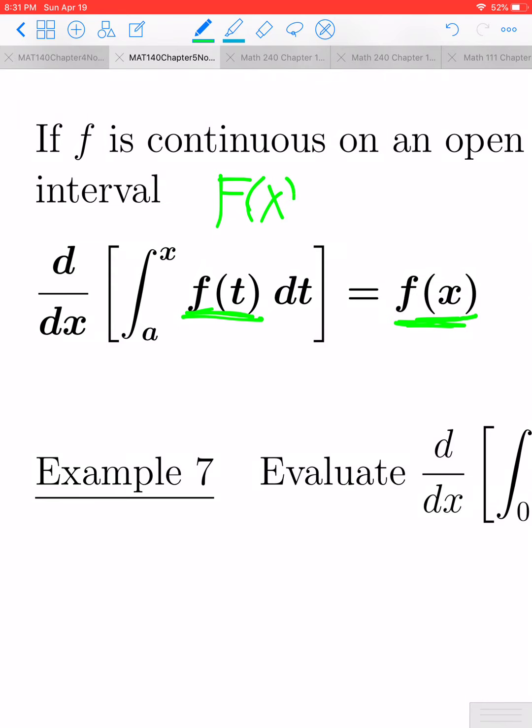Let capital F of x be an antiderivative for little f. Then it will have the property that capital F prime is going to be equal to lowercase f.